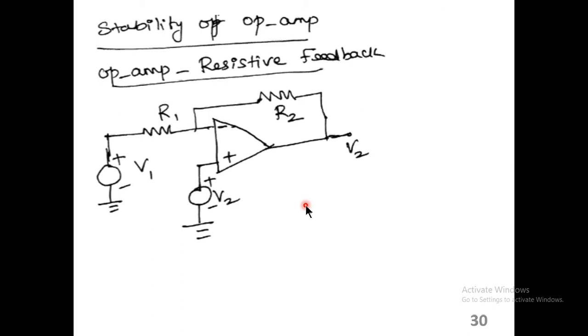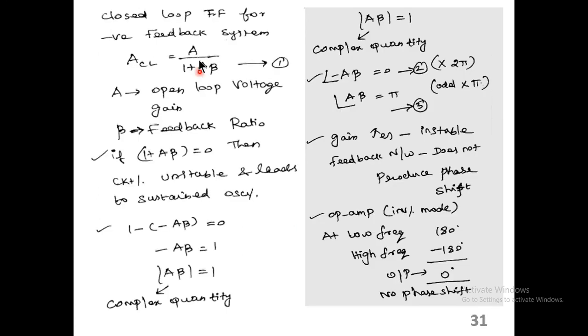Now the stability of the op-amp. This circuit is an op-amp with a resistive feedback network. By using that circuit, we are doing the analysis. Closed loop gain for that is capital A divided by 1 plus A beta. A is the open loop voltage gain, beta is the feedback ratio.